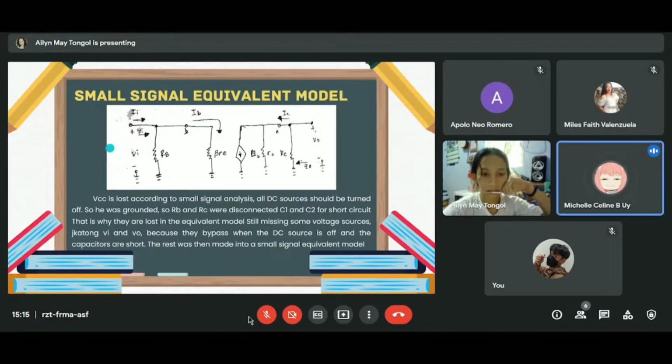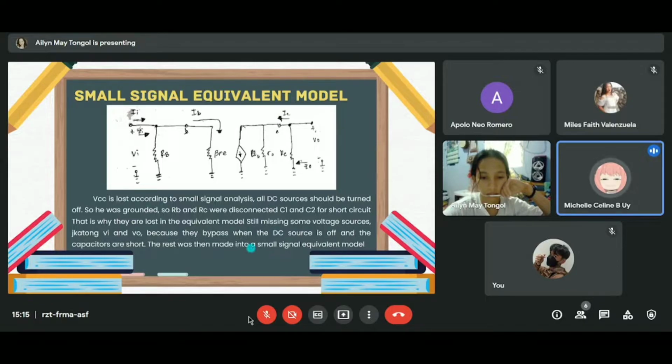According to small signal analysis, the VCC is lost. All the DC sources should be turned off. That's why it became grounded and the RB and RC were disconnected. The C1 and C2 become a short circuit. That's why they are lost in the equivalent model.